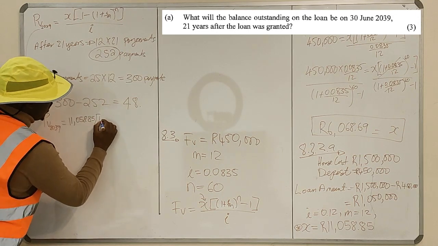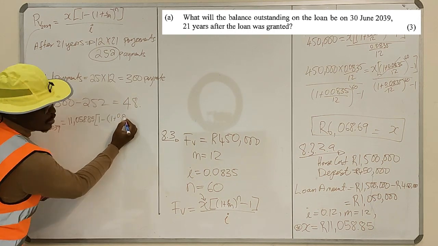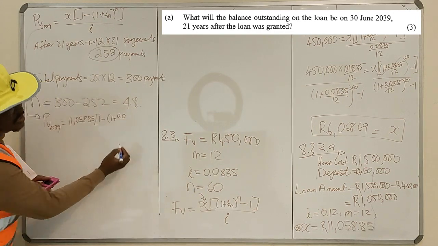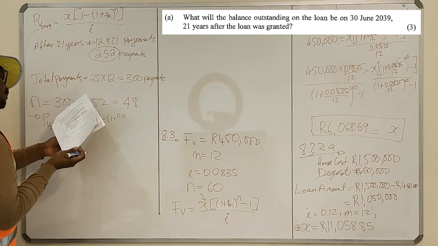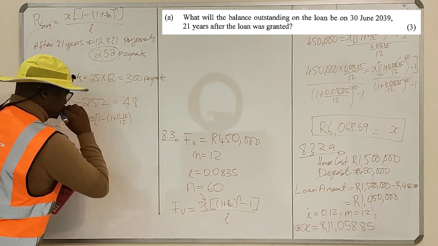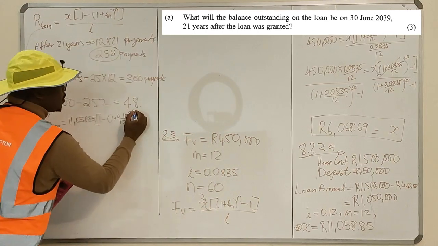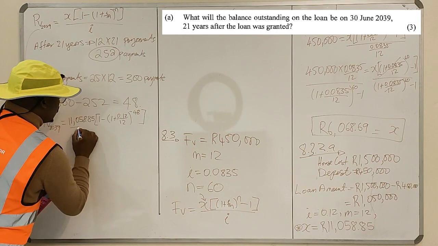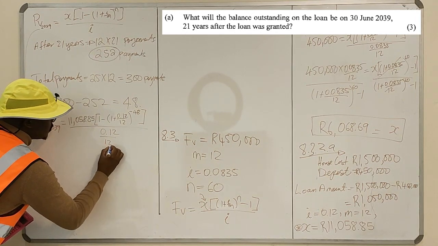into 1 minus 1 plus 0.12 over 12, raised to negative n. What is the negative n? It's the number of outstanding payments still owing, 48 payments, all over 0.12 over 12.